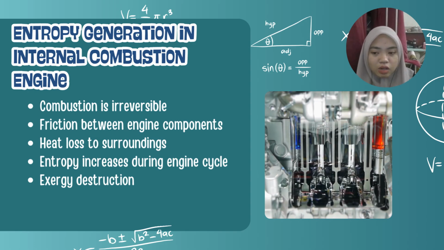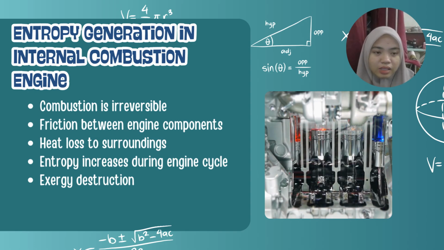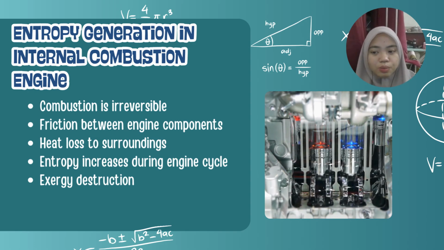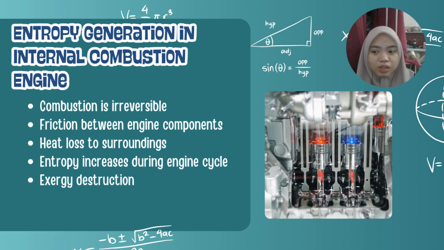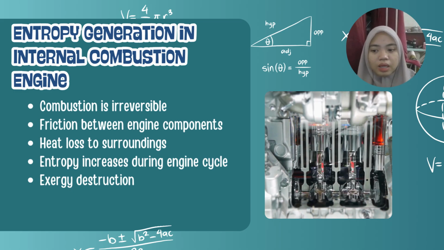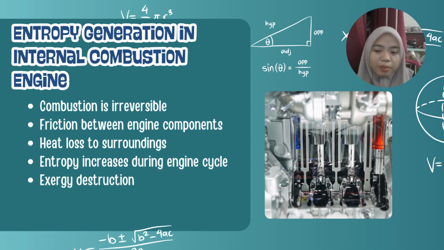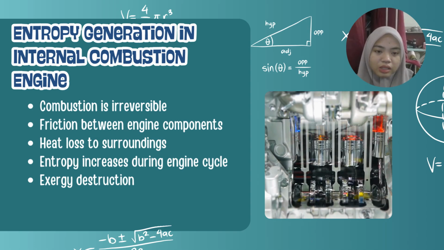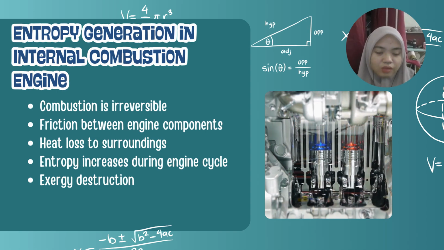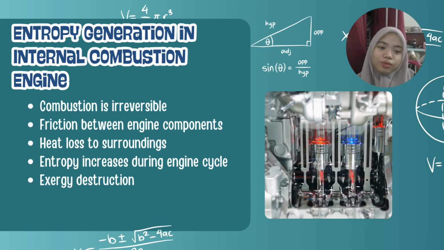To analyze these losses, engineers use exergy analysis, which is based on the second law of thermodynamics. Exergy analysis helps identify where useful energy is destroyed and how engine efficiency can be improved.